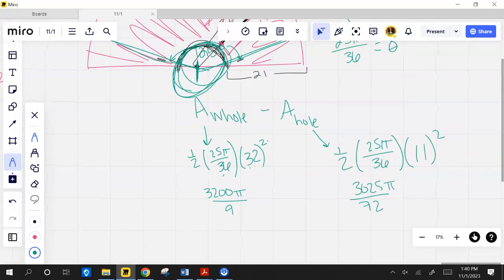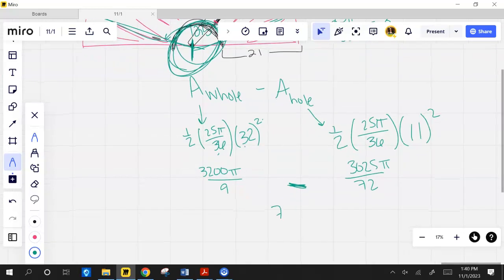So what do we say we need to do? Subtract them. This is in inches.